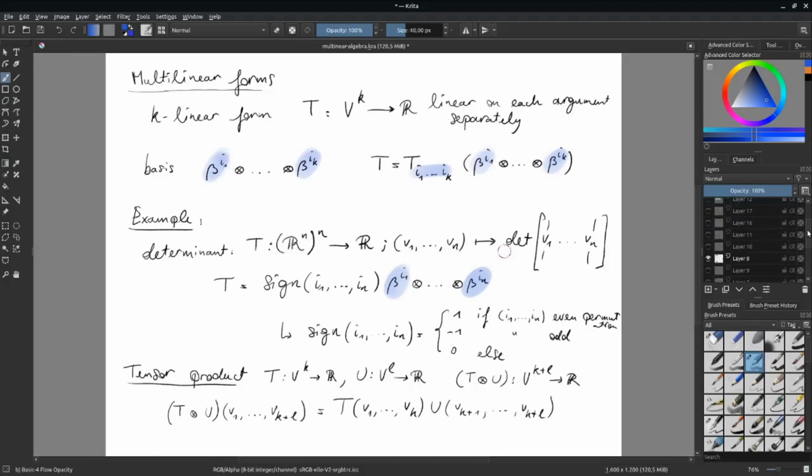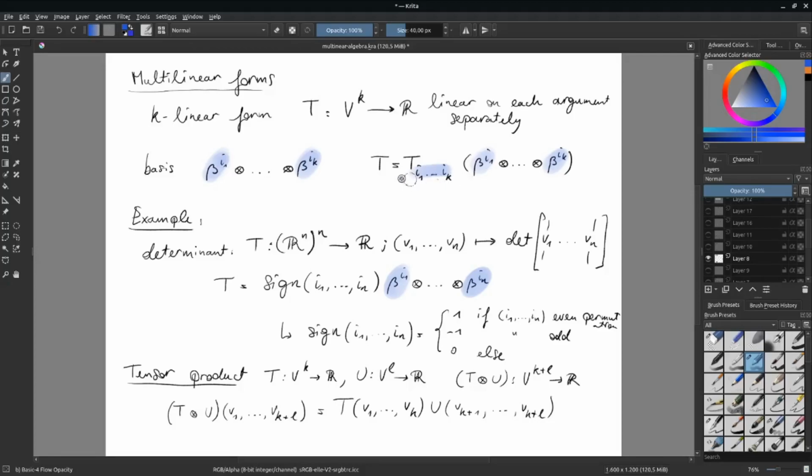Okay. Now we can move on to general multilinear forms. So a k-form or a k-linear form will just be a function that takes k vectors, goes to R, and is linear in each of those k vectors separately. And just as for bilinear forms, I can create a basis for it by simply taking tensor products of k basis elements.